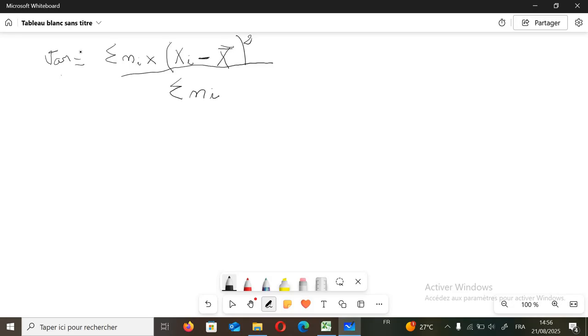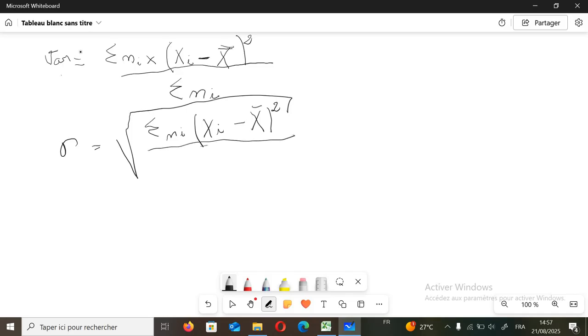This is the variance. The standard deviation is the square root of the variance, simply the square root of the variance, which is here. We square all of that. The same here. Divided by.